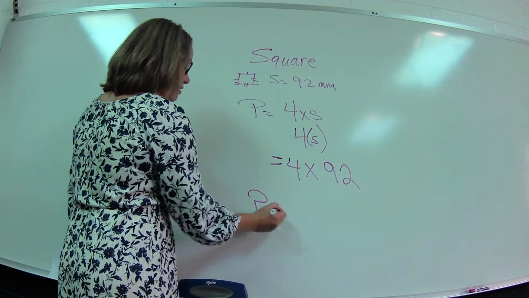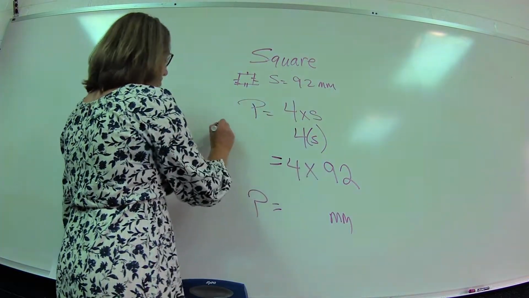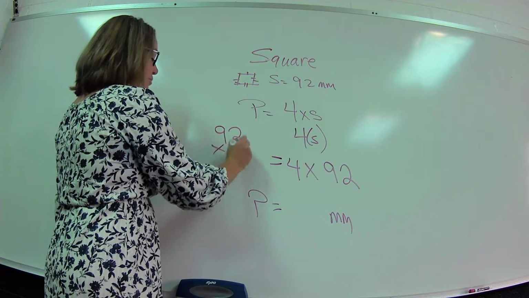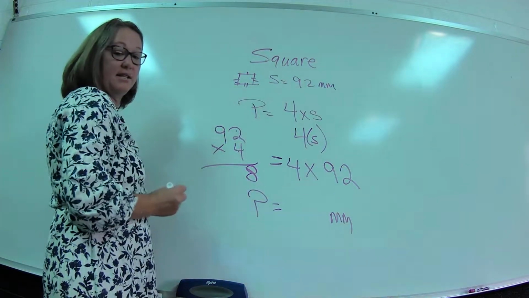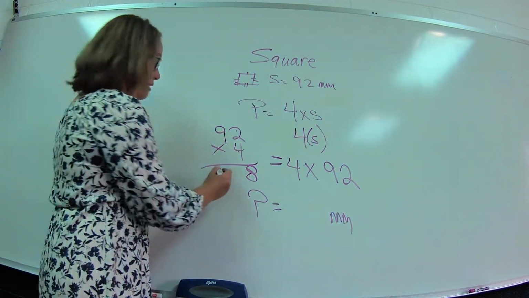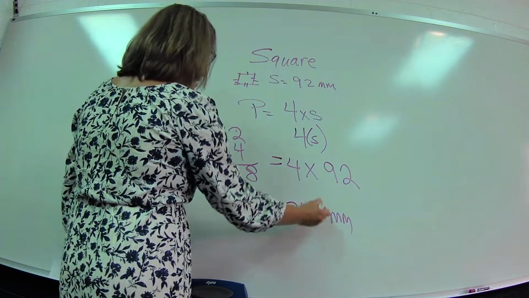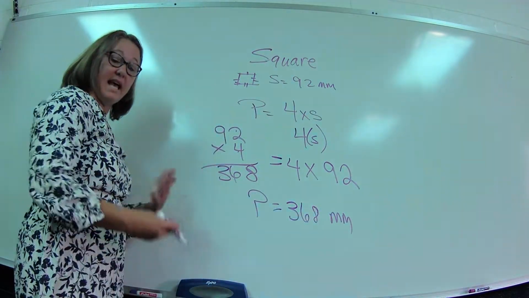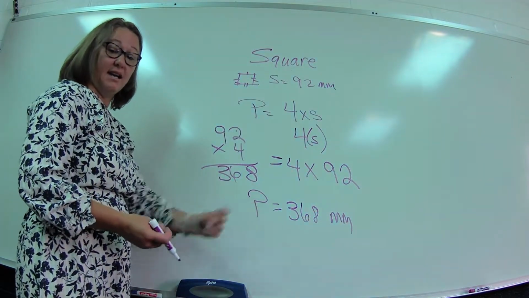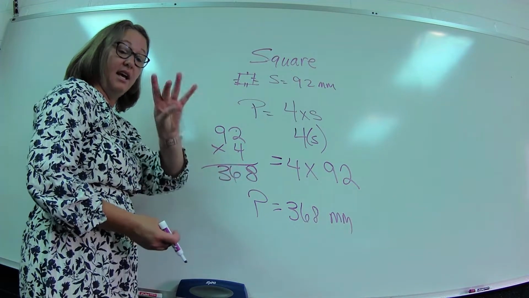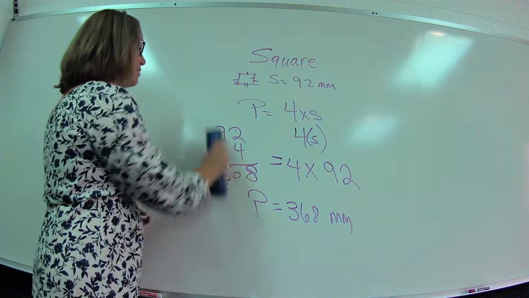So P is going to equal something millimeters. 4 times 92. 92 times 4. 4 times 2. 8. Very nice. 4 times 9. 36. That's fantastic. My answer is 368 millimeters. So you're getting the hang of it. Again, a square is 4 times the side. Square is 4 equal sides, and you're walking around all 4 sides because perimeter is outside.